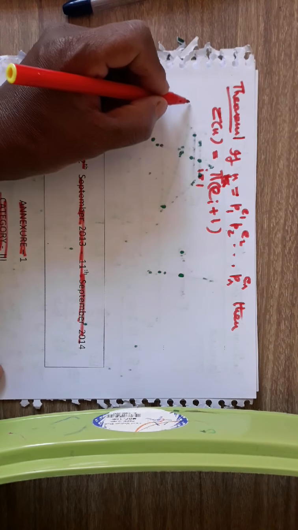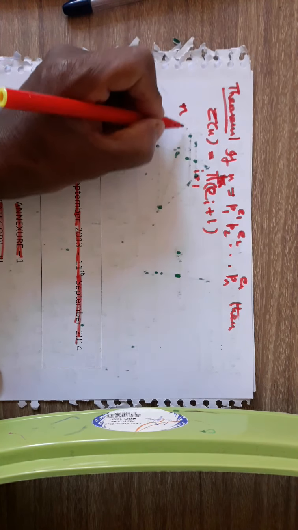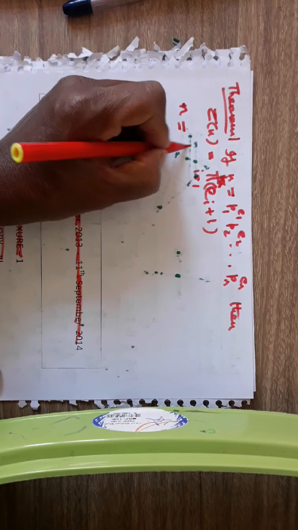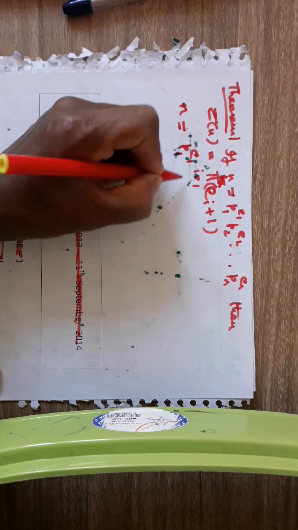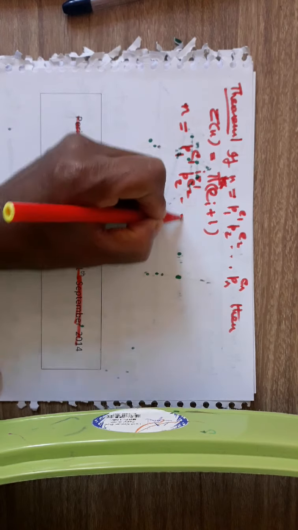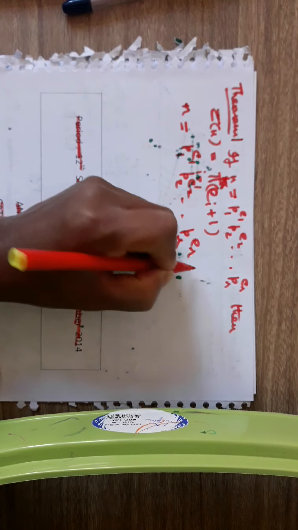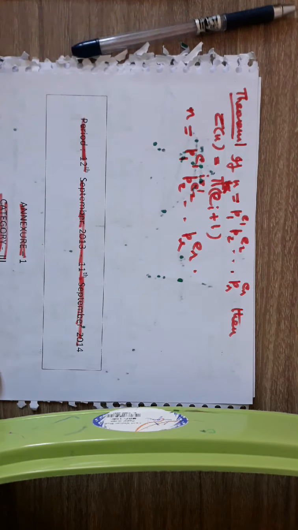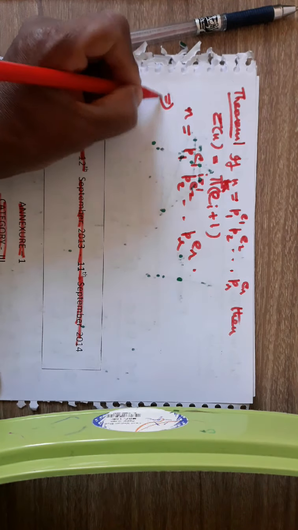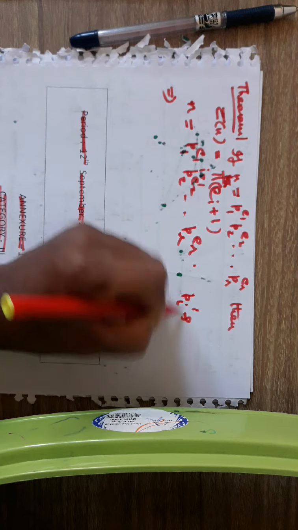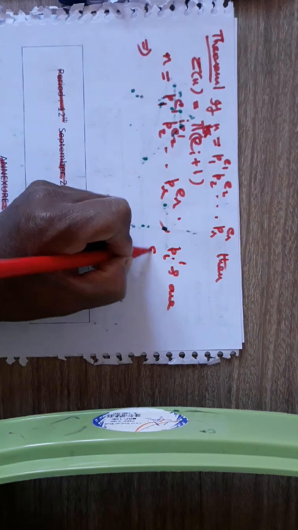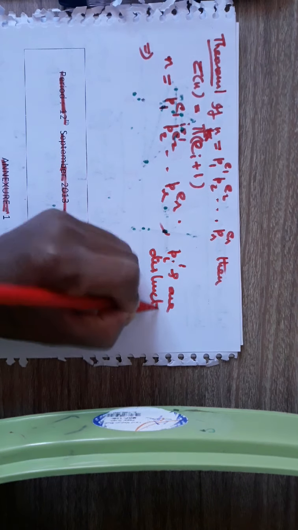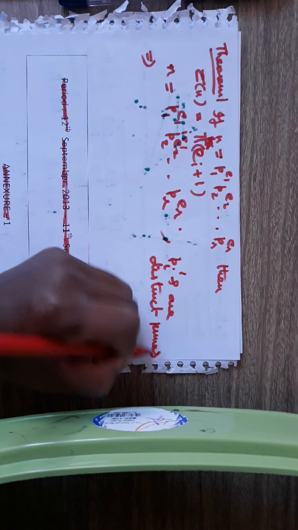So here what we do is, you are given n is a product of r distinct primes, p1 to the power e1, p2 to the power e2, up to pr to the power er, where the pi's are distinct primes.